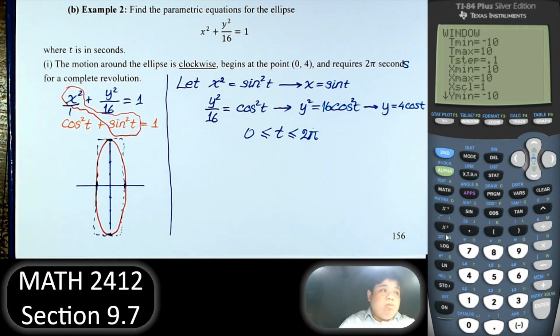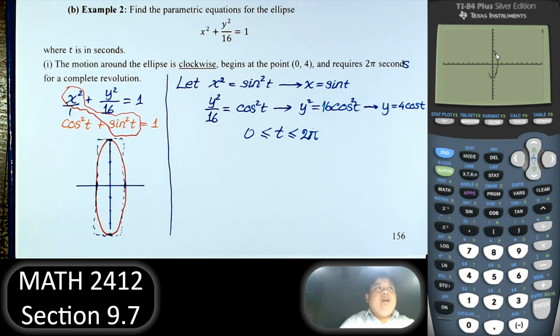Change the window though, from 0 to 2 pi, and let's say we have a step of pi divided by 50. So for every pi, it will graph 50 points, a very small step. It starts from that point, going clockwise, and gets back to that point, which is good. And that's exactly what we have.